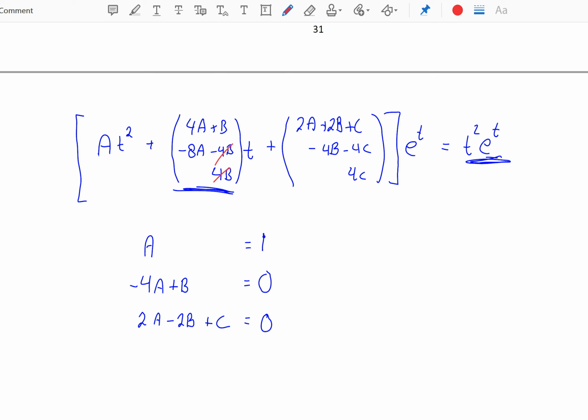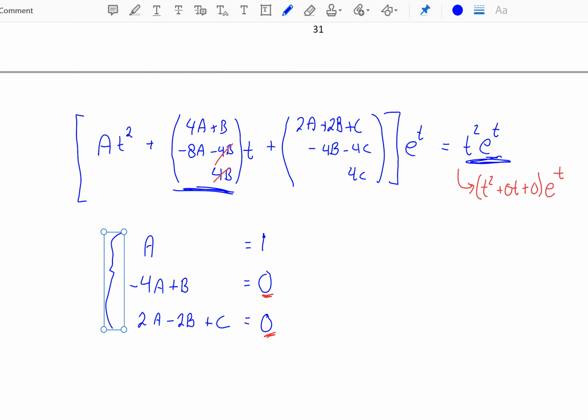Again, just to emphasize, if it's easier to see it, you can write this as t squared plus 0t plus 0 e to the t. So that's how I'm saying that this has to be 0 and this has to be 0. Now again, this makes a system of 3 equations and 3 variables here.